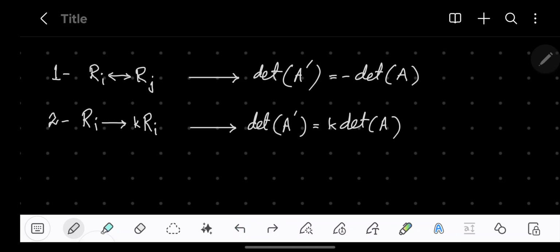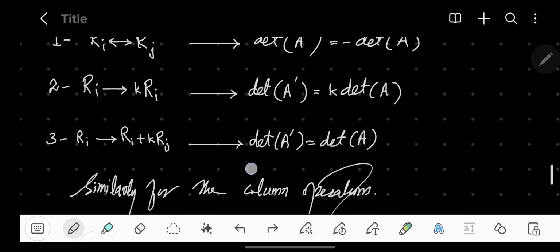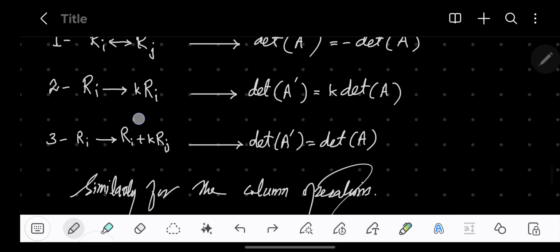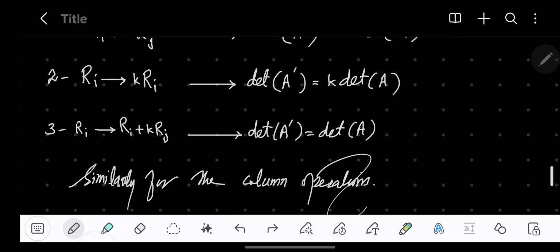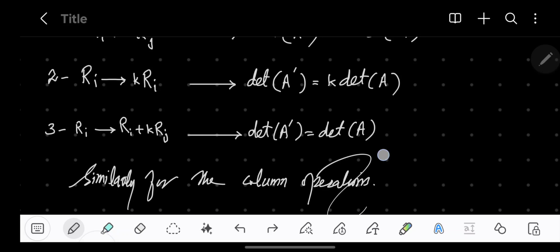This is the second rule. And the third rule is if you replace any row by that row plus the product of another row with a scalar, then the determinant will have no change.